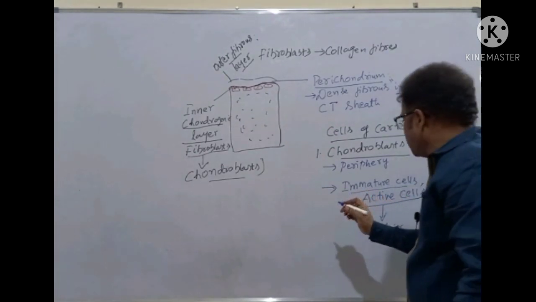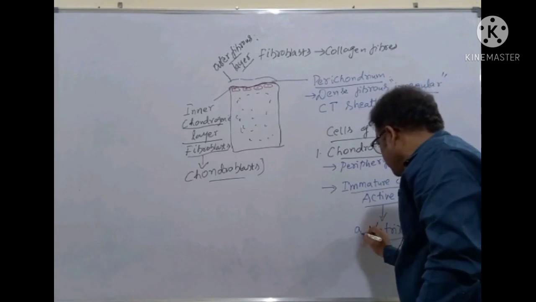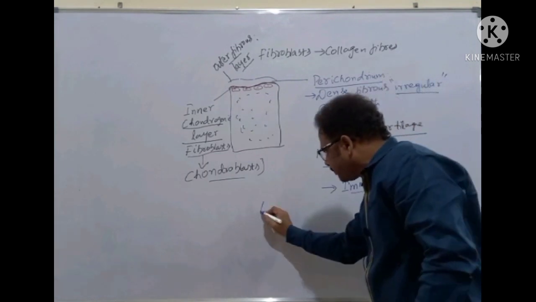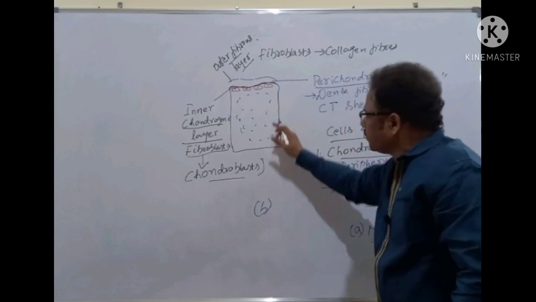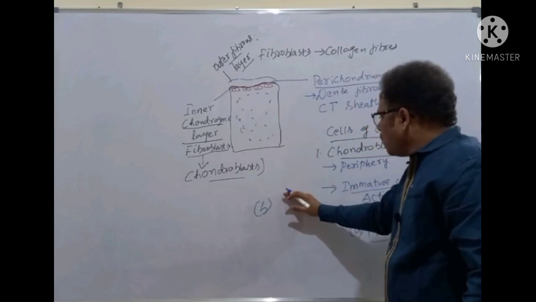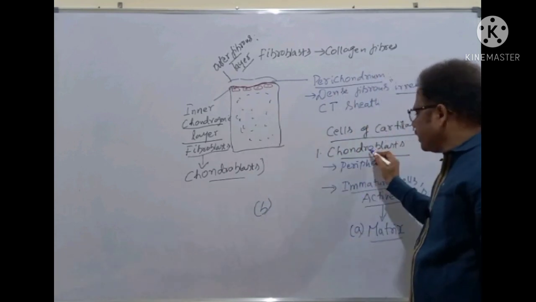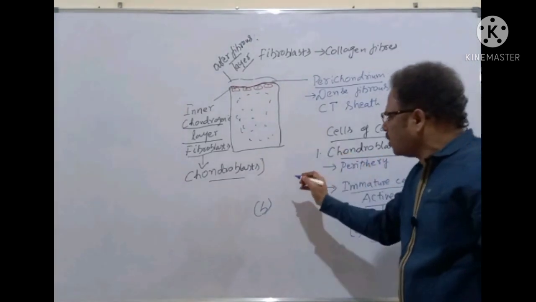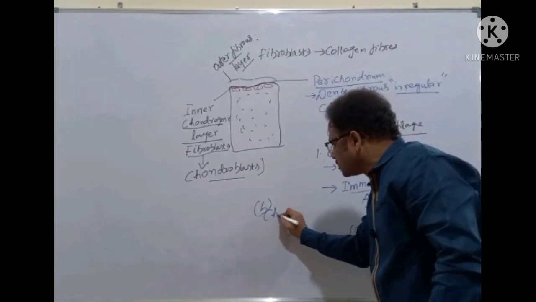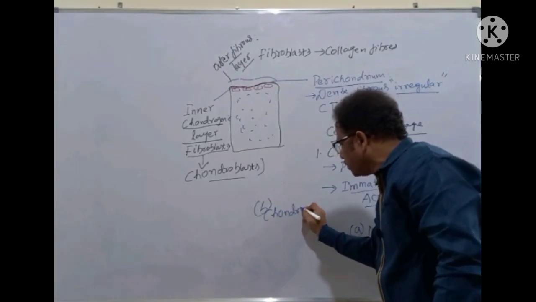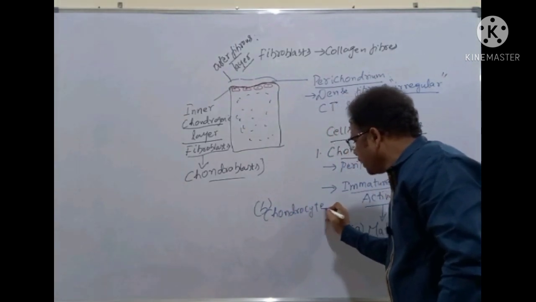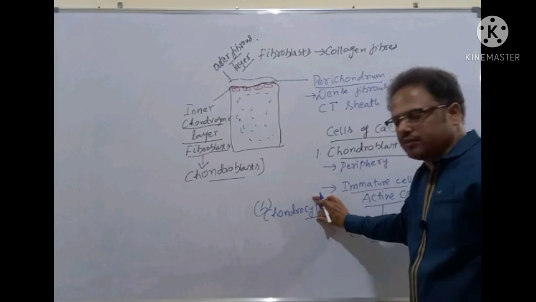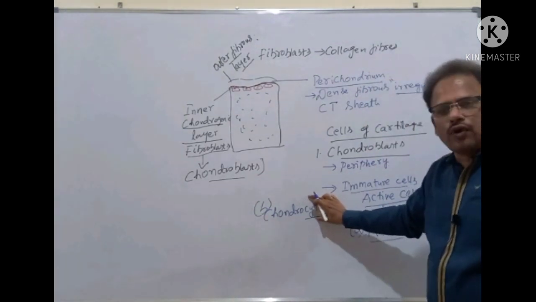The first function of the chondroblast is the extracellular matrix. The second function is that later on they get differentiated into the fully formed cell called chondrocyte. Cyte means a cell, a fully formed cell.